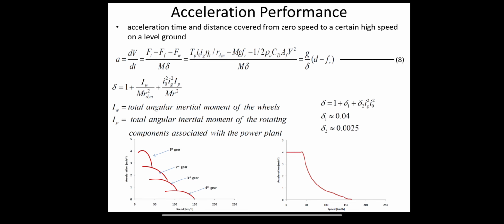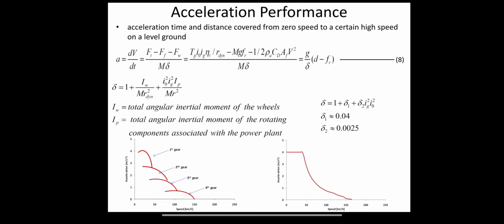What is Iw? It is the total angular moment of inertia of the wheels, and Ip is the total angular moment of inertia of the rotating components associated with the power plant. To determine the value of δ, it is necessary to determine the mass moments of inertia of all the rotating parts.